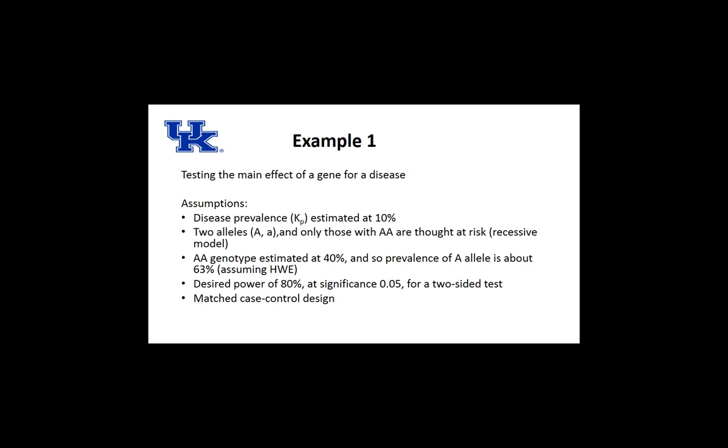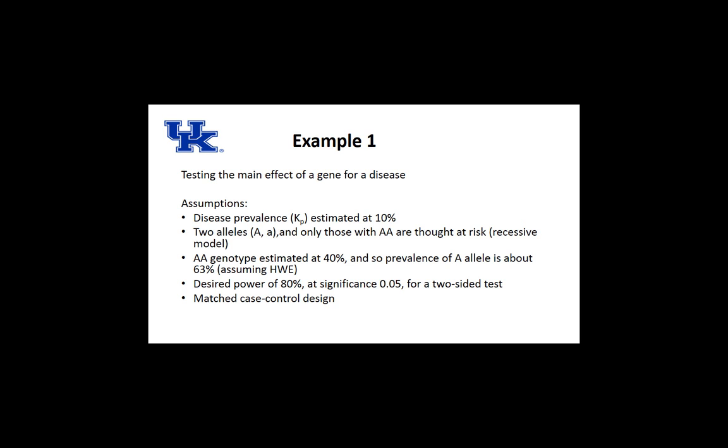So here, assume a disease prevalence of about 10%, 2 alleles. We think that there's a recessive mode of inheritance, so you have to have 2 copies of the disease allele. The genotype itself, and so this is something we talked about last time, Hardy-Weinberg equilibrium.